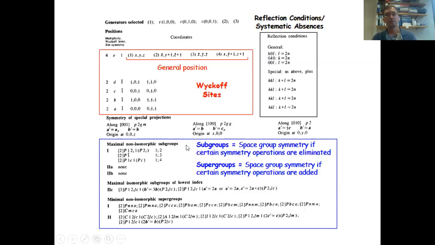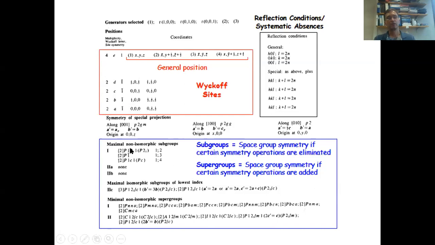All right, so very briefly, I would like to talk about that part of the page here. So this part here lists so-called subgroups and supergroups. So a subgroup is a space group from which certain symmetry operations and symmetry elements are eliminated.